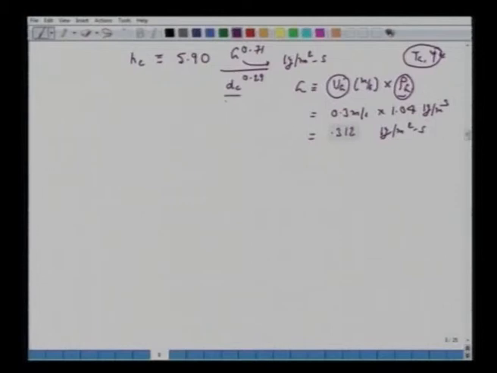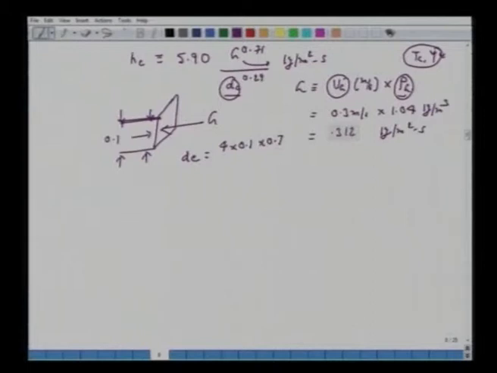What is this dE? We said dE is the equivalent diameter of flow. So here we need the information: what is the distance between the radiating plate and the top of the solid surface through which air flows. This dE is very simple here. It's a rectangular duct, so 4 into cross section, 4 into 0.1 into 0.7. The distance between the two here is given as 0.1, and the solid surface is 0.7 both ways.